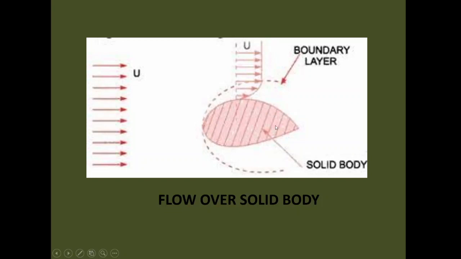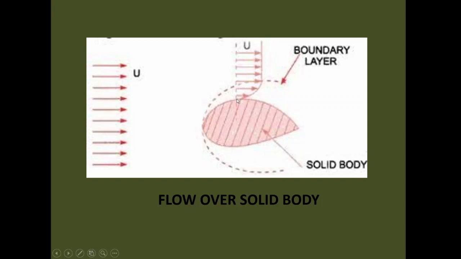What does this mean? This means that the velocity of the fluid at the boundary will be equal to the velocity of the boundary. Here the velocity of the boundary is 0 because it is at rest, so the velocity of the fluid will be 0.